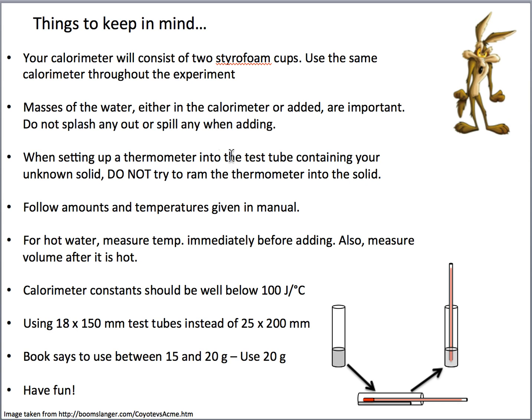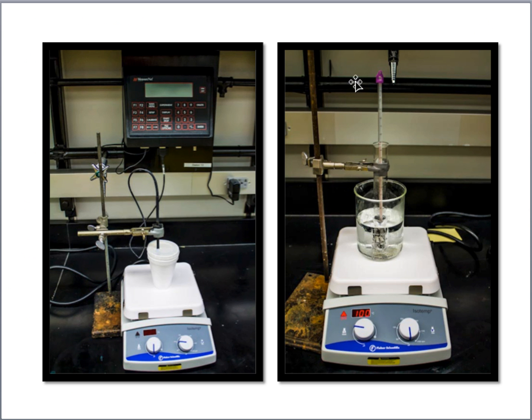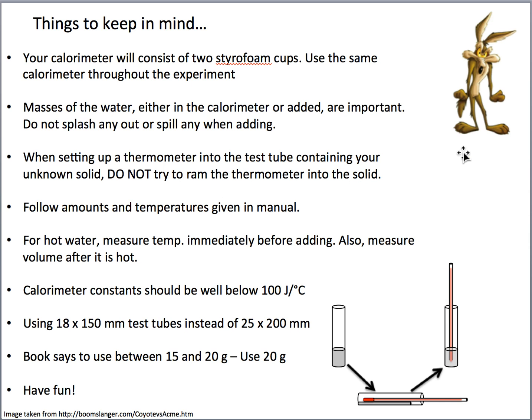When you're putting that thermometer into the test tube containing your unknown solid, if we go back where we've got our thermometer here in the test tube, you can either try to ram your thermometer into the solid, which will end up in a broken thermometer. We like to keep our thermometers in good shape, so please don't do that.